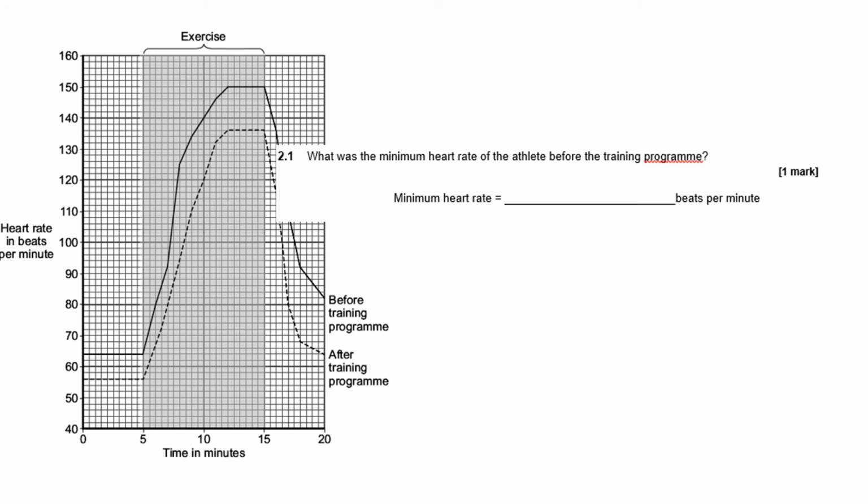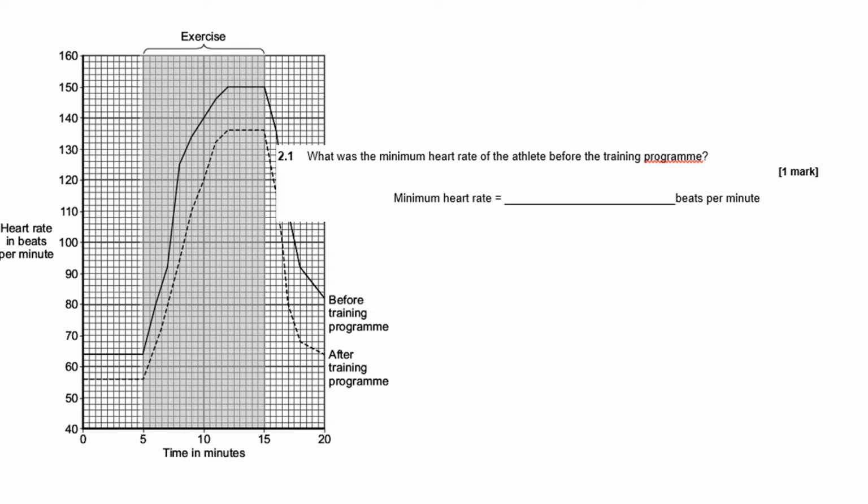So the first question says, what was the minimum heart rate of the athlete before the training program? So we need to look at the solid line before training program, and we need to look at what the lowest heart rate is. So if we're reading it from this graph, we can go up to the lowest line, which is at the beginning between 0 and 5 minutes.